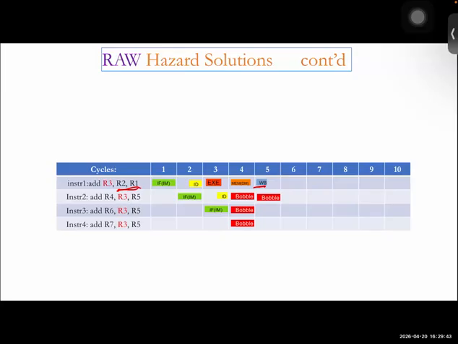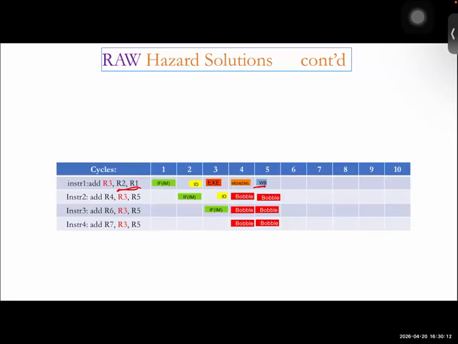Instruction 3 still remains in the same stage, stopped, still in the instruction fetching stage. So obviously instruction 4 will not be allowed inside the pipe.